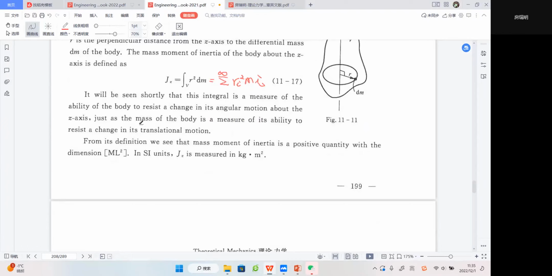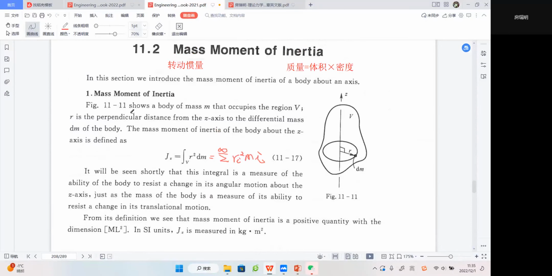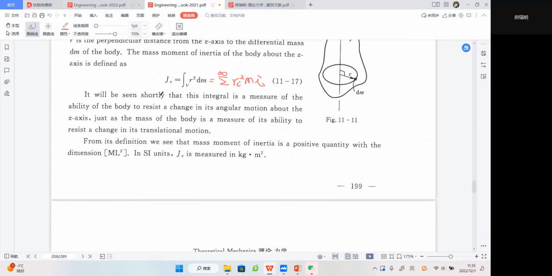Just as the mass of the body is a measure of its ability to resist a change in its translational motion, our mass moment of inertia is a measure of the ability of the body to resist a change in its angular motion about the axis.